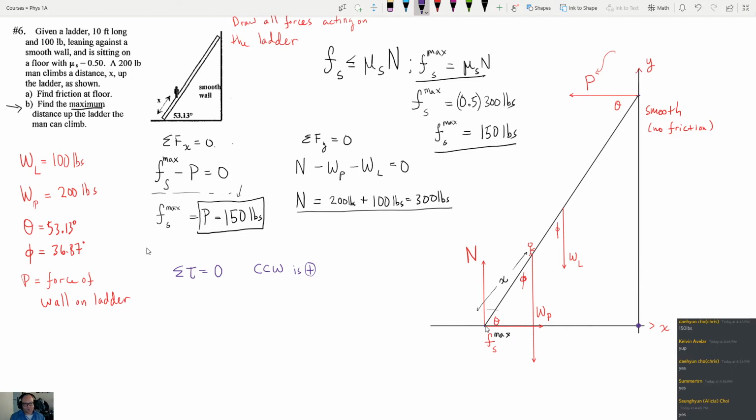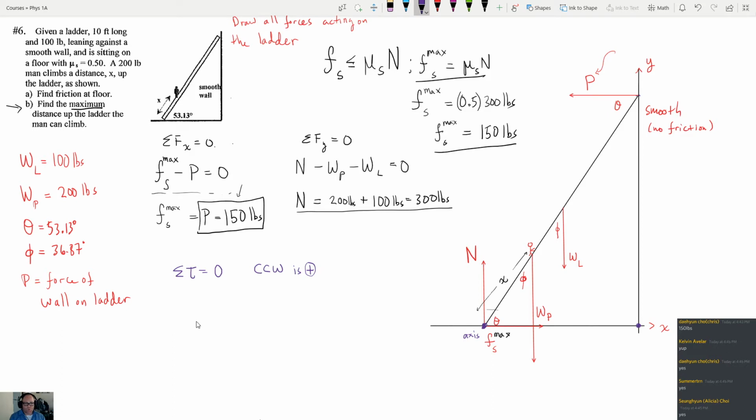So just because the distance x is already measured from this point right here, let's use that as our axis. But I encourage you to try one of the other ones and prove that you can get the same answer, because you can. Now, there's a lot of other value to choosing this axis right here, right? N and F sub s are already on that axis. They're not going to show up on our equation. We're only going to get the two weights and the force P.